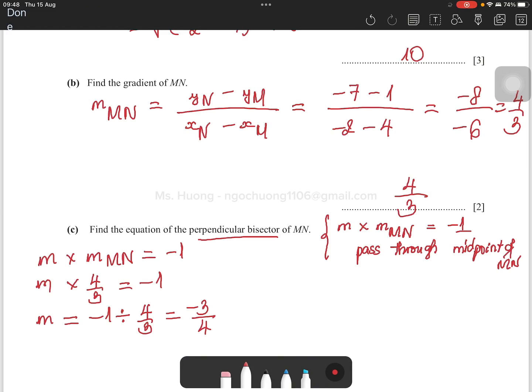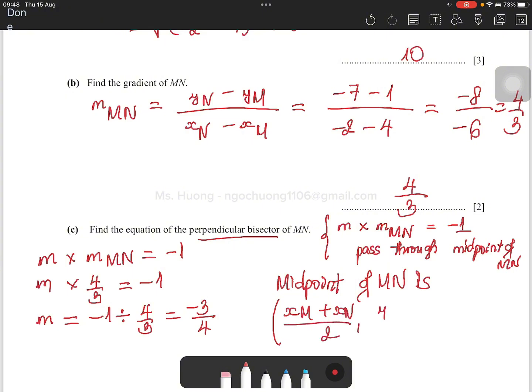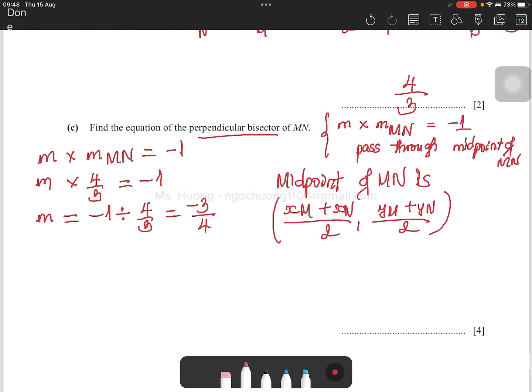And now let's talk about the midpoint. The midpoint of MN is, we use the formula, the average of xm plus xn over 2 and ym plus yn over 2.